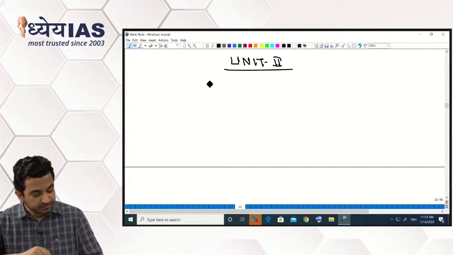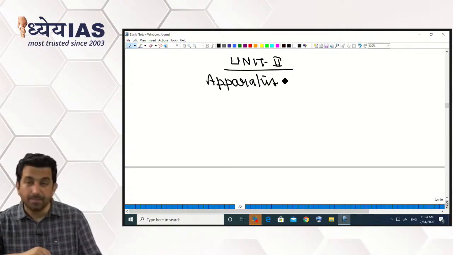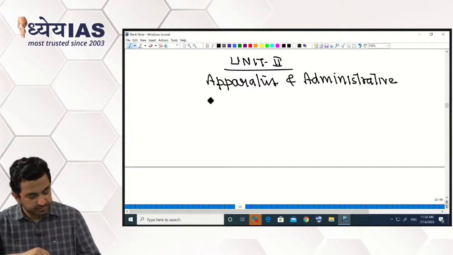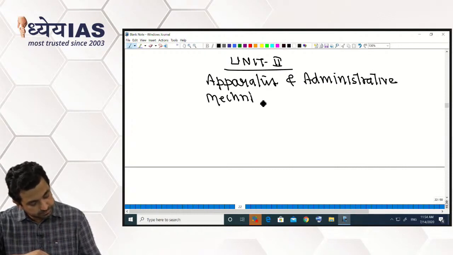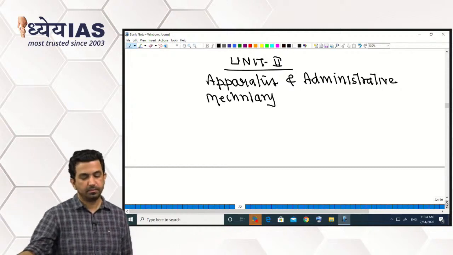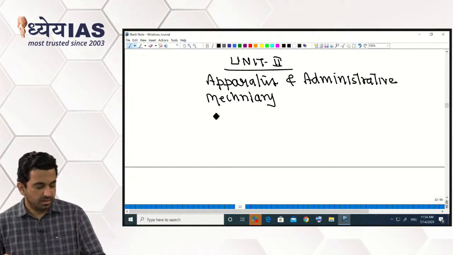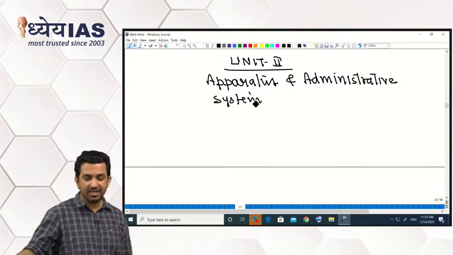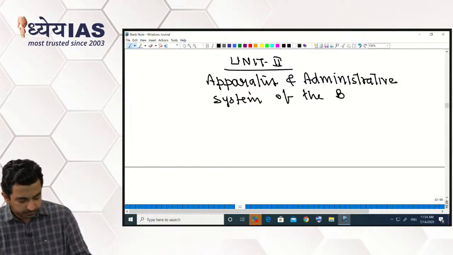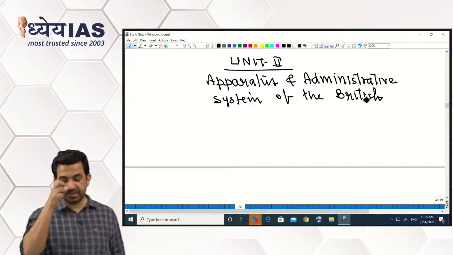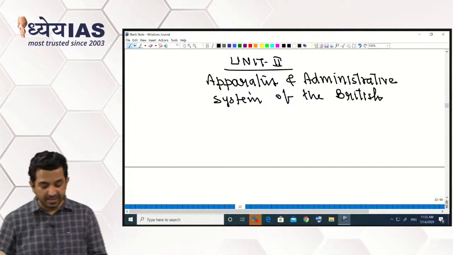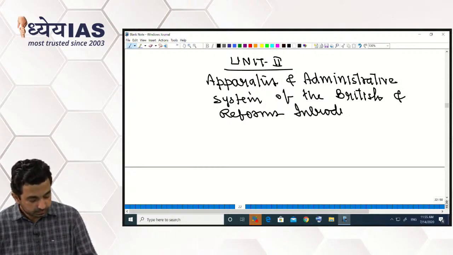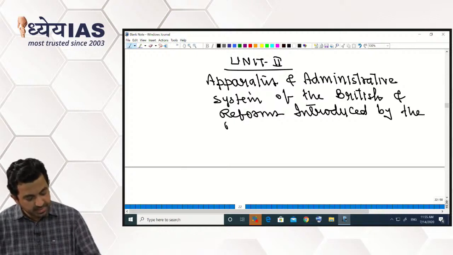This Unit 2 includes apparatus and administrative machinery, the apparatus and administrative system of the British, and some reforms introduced by the British.